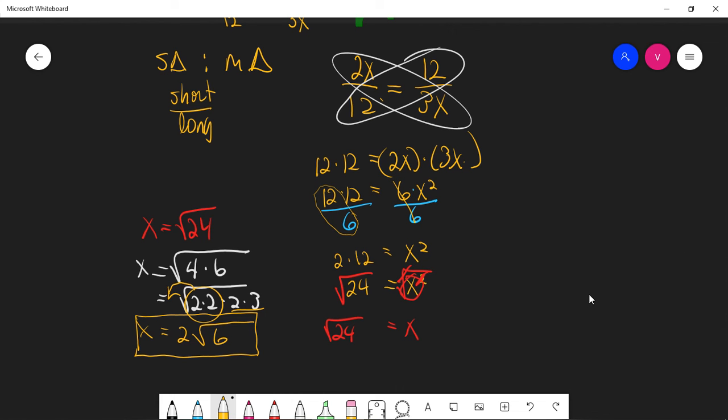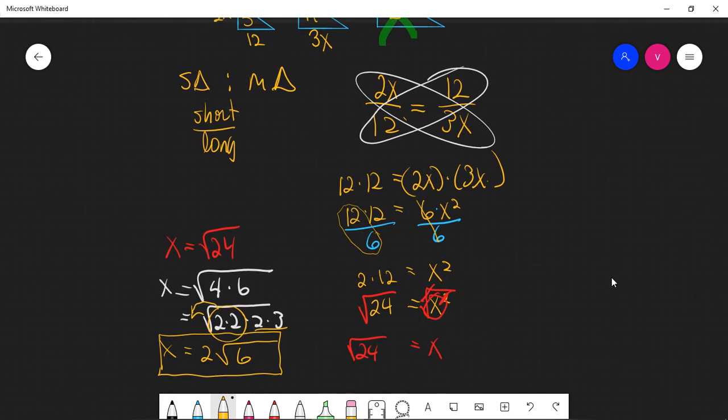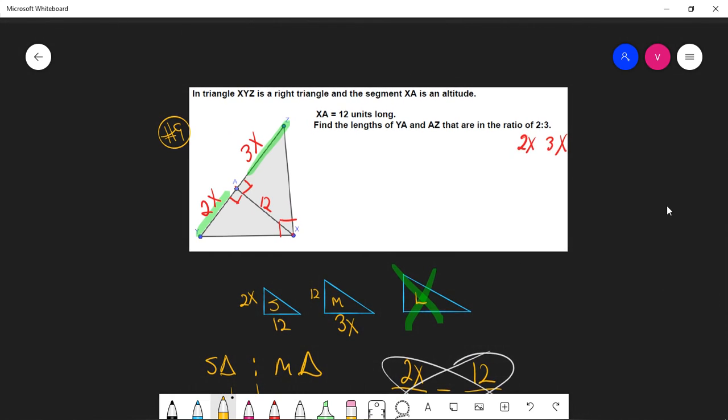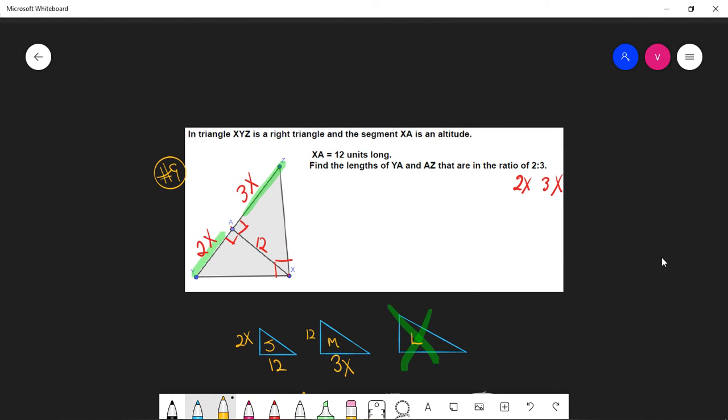So if you want to go back up here, if x is equal to 2 root 6, again, you can pause any time here if this is too fast, right? We'll just go up here, and everywhere there's an x, we'll put in 2 root 6. So this length here, XA, is equal to 2 times 2 root 6, which would equal 4 root 6.